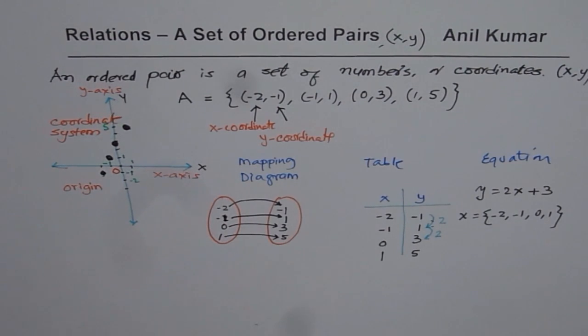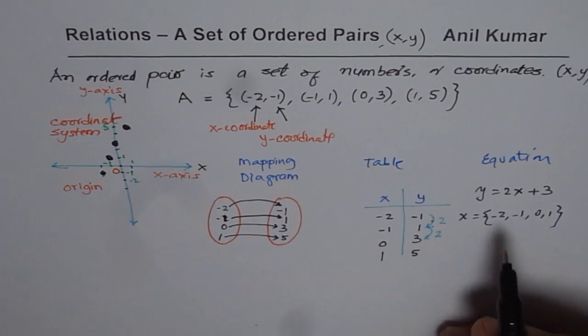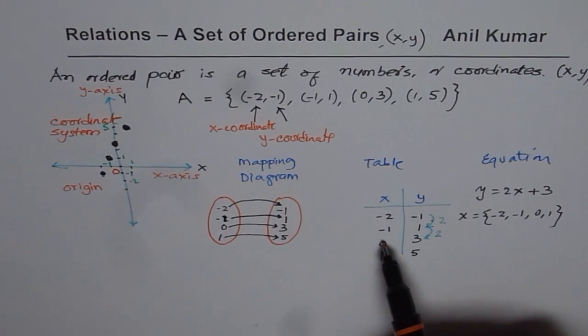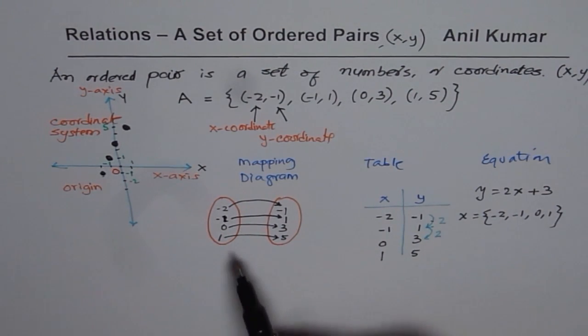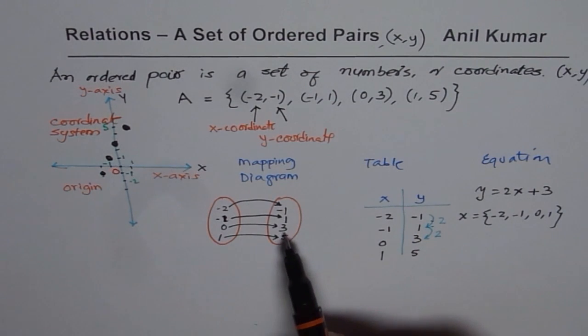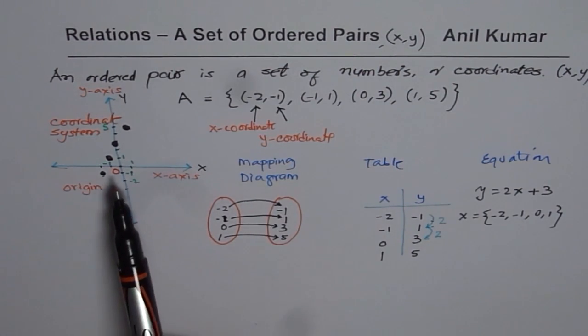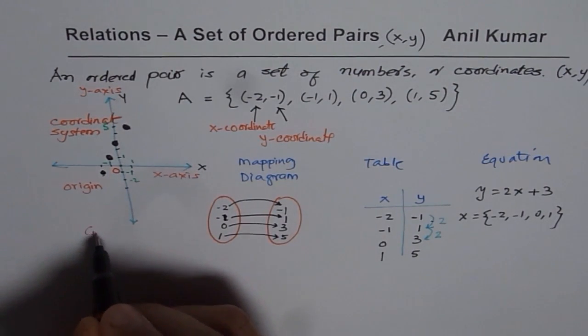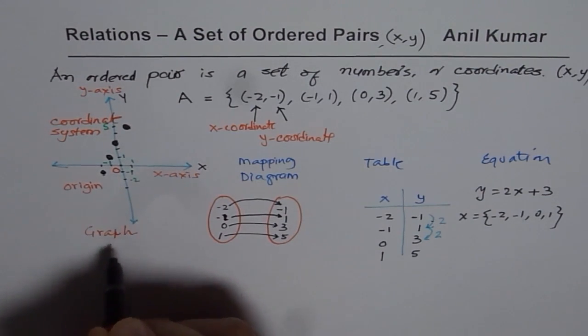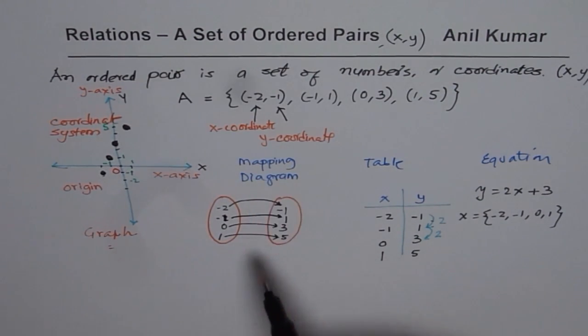So you could represent this set of ordered pairs given to us in different forms, and all these forms will show you that each and every element in the first group is related with the other group, and this relation could be represented in different forms. Could be represented graphically, so that is a graph, coordinate points, right? The coordinate system gives you the graph. Then we have a mapping diagram, a table, an equation.